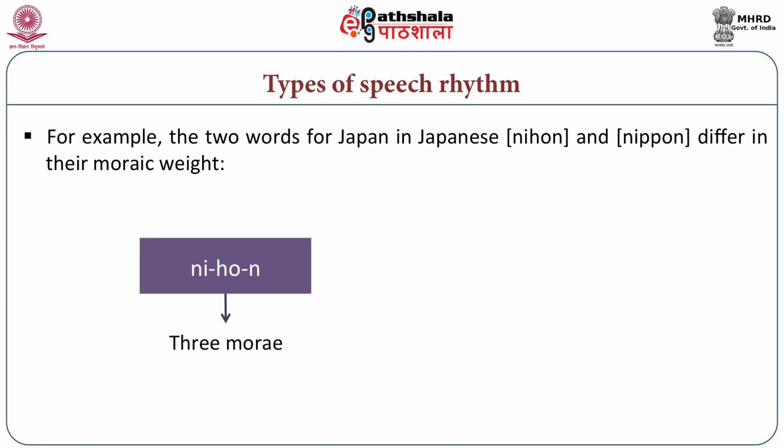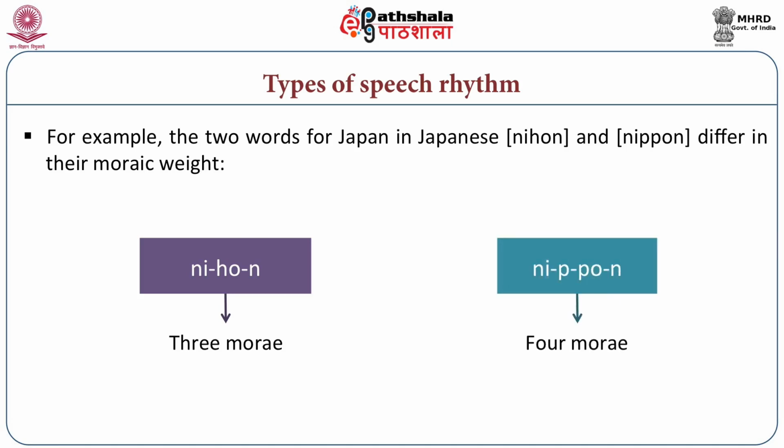In Nihon, each mora is like this. Ni has one mora, and Ho is the second mora, N is the third mora. So there are three moras. And in Nippon, we have Ni, one mora, P, two mora, and O, that is Po, third mora, N, fourth mora.